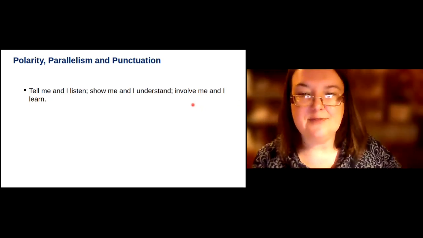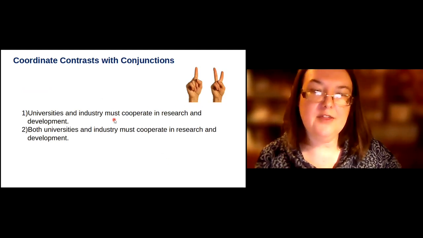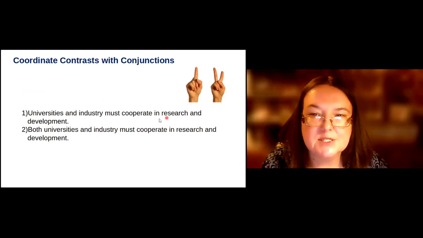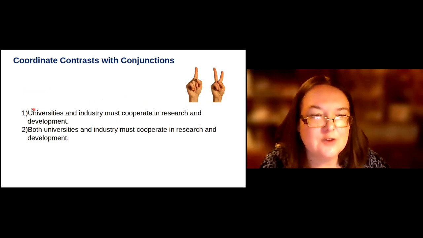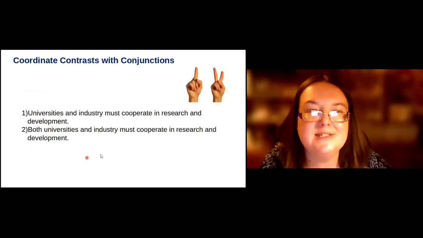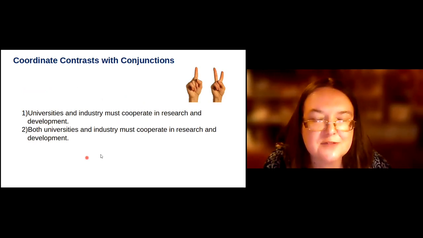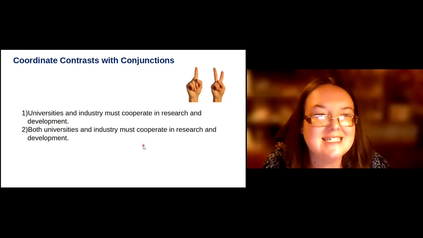It doesn't have to be three things. We can use other ways to do this. So I've got my fingers here and I've got my numbers on these two sentences because I thought you could use the chat box or show me with your fingers which of these two sentences you think is a little bit more punchy.